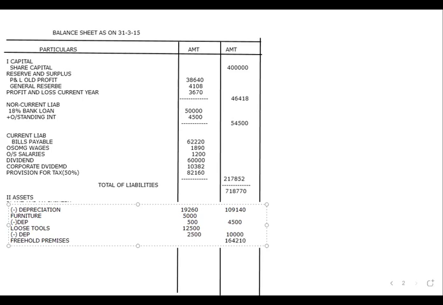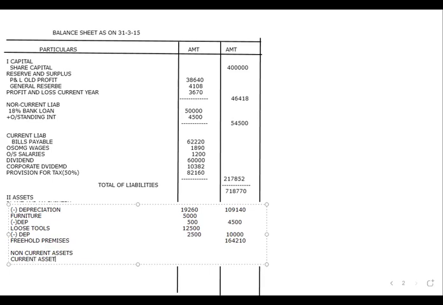So if I'm taking all these things, then again I have my current assets. Non-current assets we don't have anything, nil, but we have current assets.